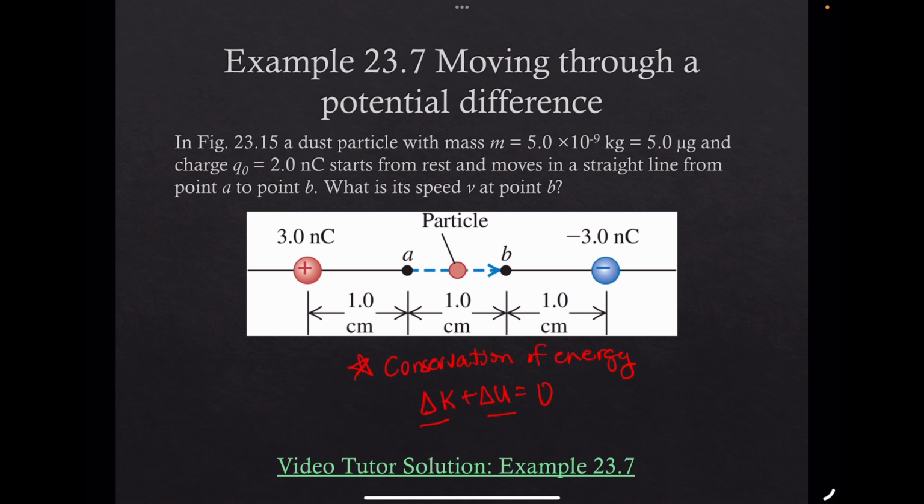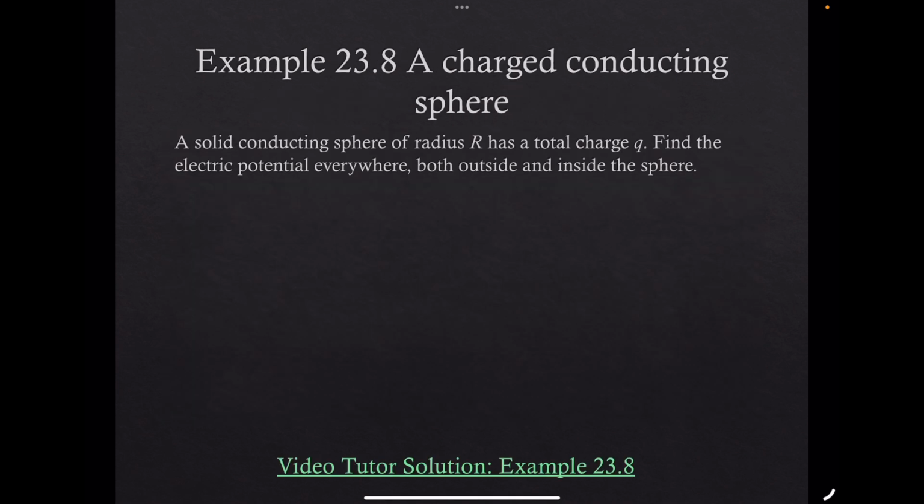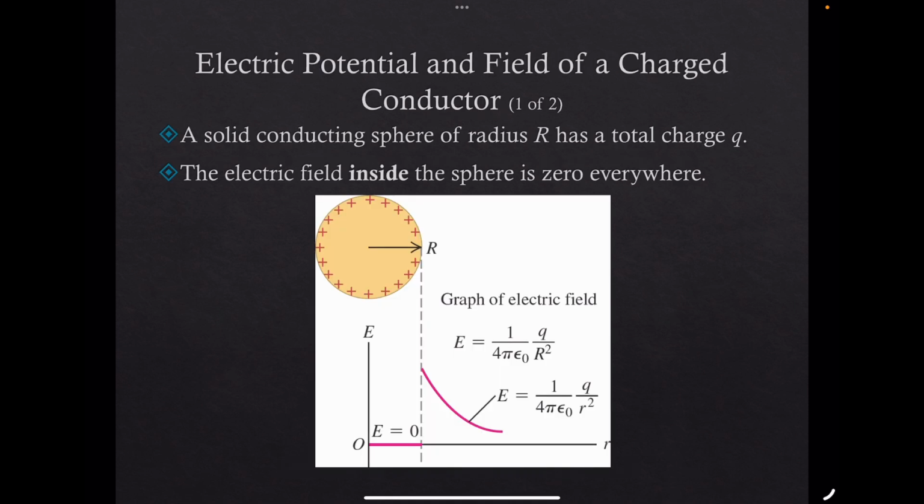And you use that to help you find speed, because remember, K is 1/2 mv squared. All right, so that's a good example to do. There's a few examples in this chapter, and I'll let you know which ones you don't need to worry about too much. So just for the sake of time, you don't need to worry about 23.8.